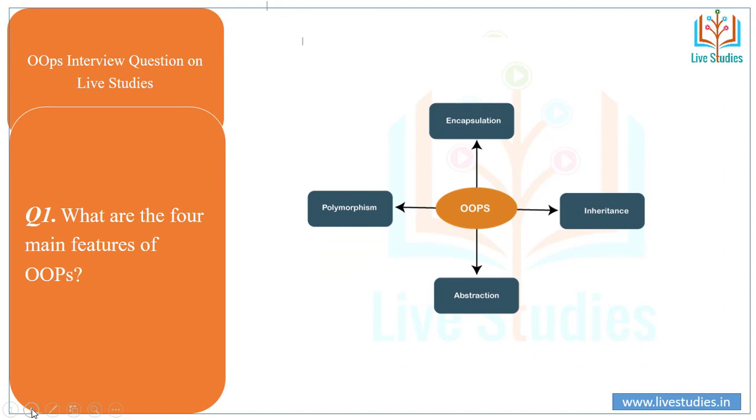First question is what are the four main features of OOPS concept? The four concepts are abstraction, encapsulation, polymorphism, inheritance.